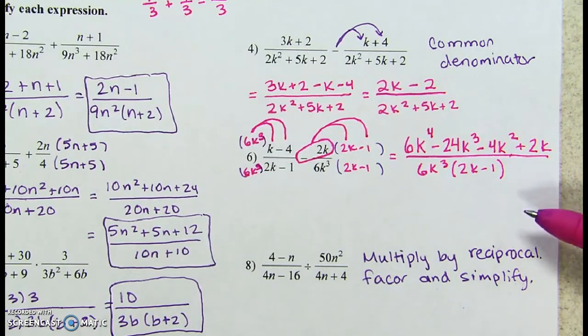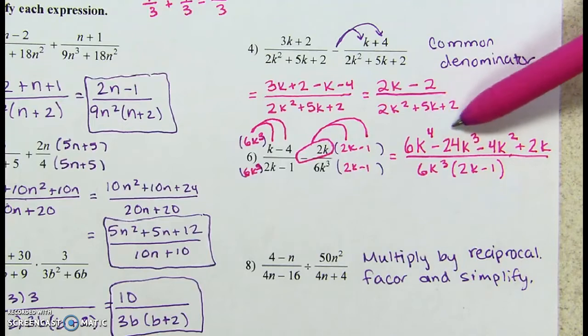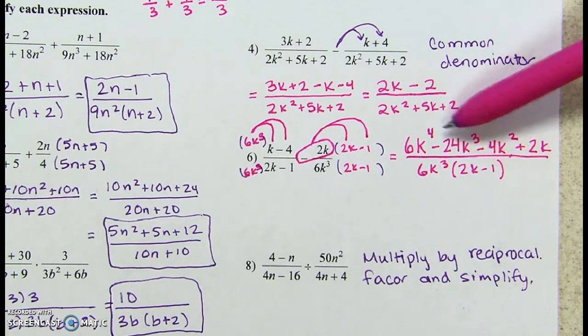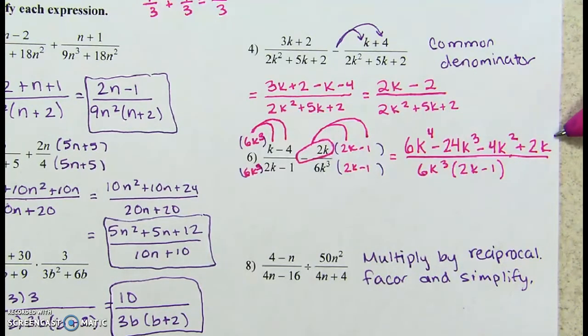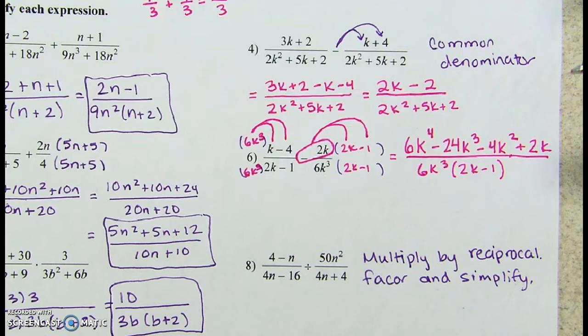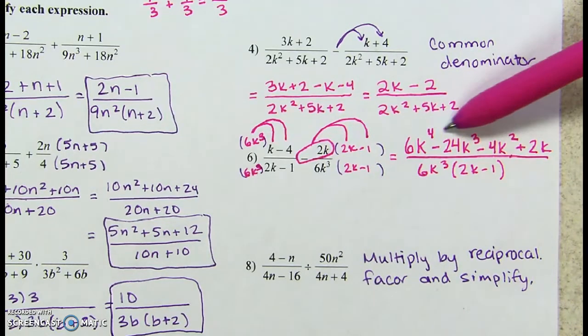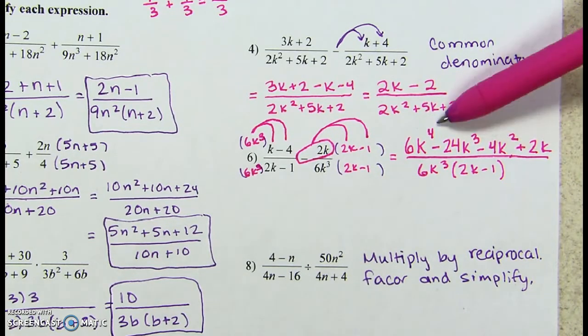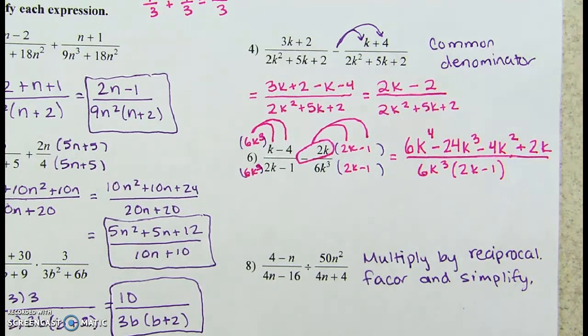Do we have any like terms? Look at this numerator. I see a fourth, a third, a 2, and a 1. Are any of them the same power? No. So we can't combine any, but do they have a common factor? Is there something that's in all of them? Yes. So we're going to factor out the greatest common factor.